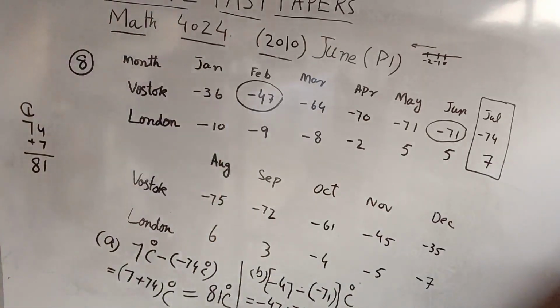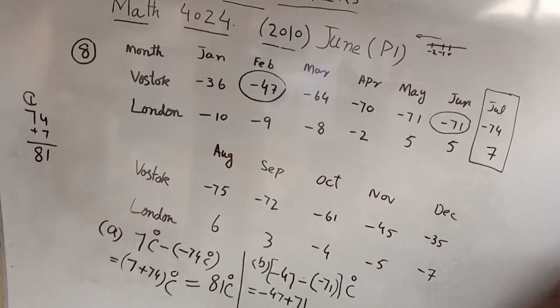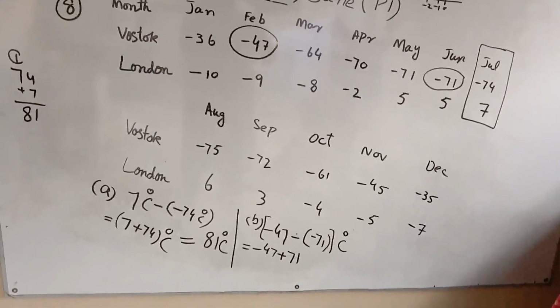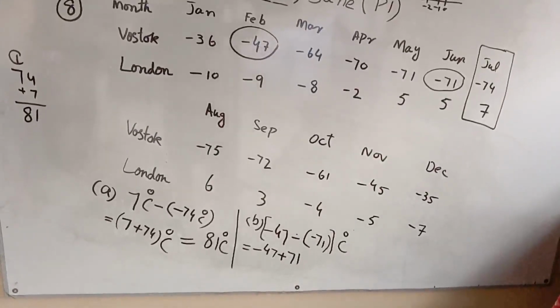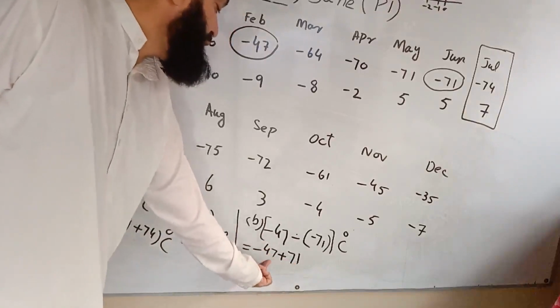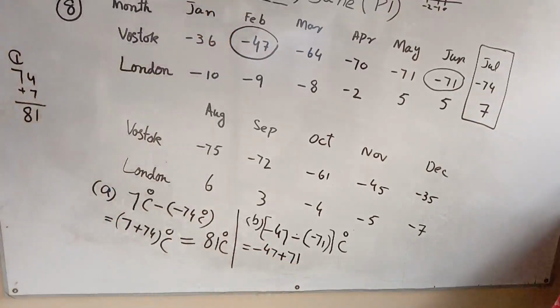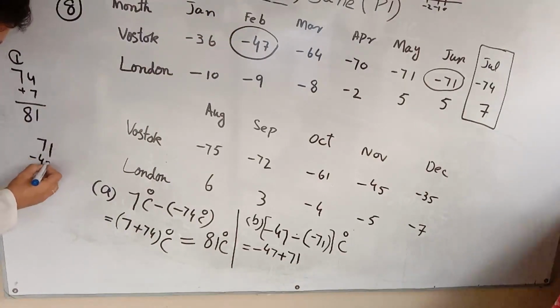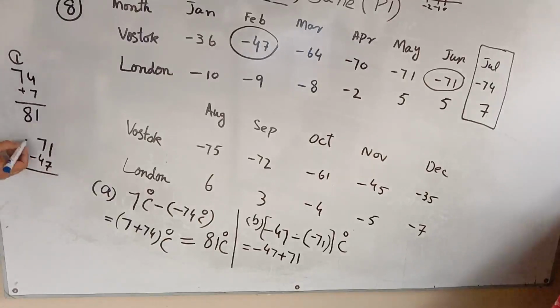Now one number is positive and the other is negative. Therefore we will have to subtract the smaller number from the bigger number. Plus 47 minus 47. So we will write it like that. In the rough work you can write 71 minus 47. How is that? Subtract it.